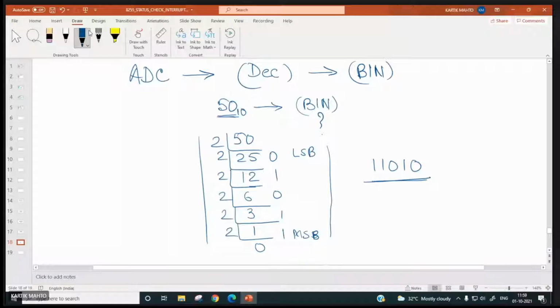So basically what you do, you take a value, divide it, and go to the next two. Then again you divide, go to the next two, and so on.